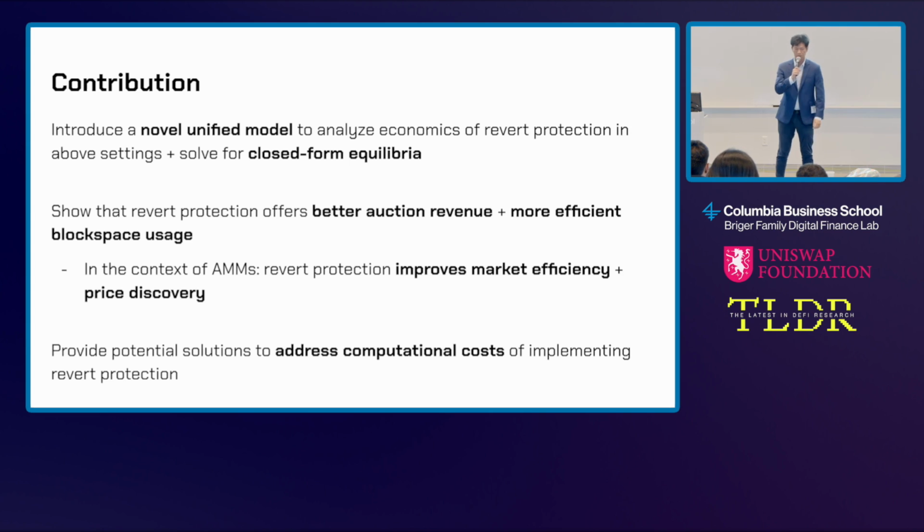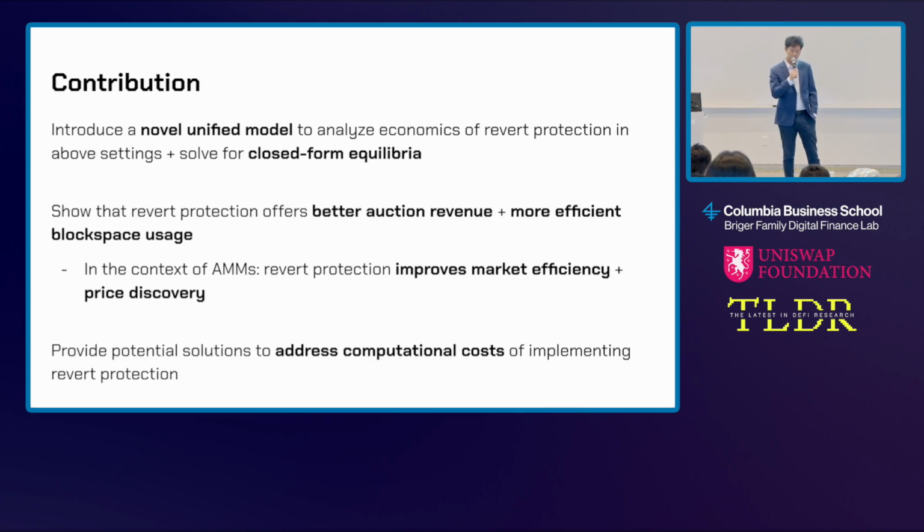Given this variety of settings, one thing this work does is introduce a novel and unified model to analyze the economics of revert protection that can be applied to all of the above settings, and we are able to solve for closed-form equilibria within these settings.